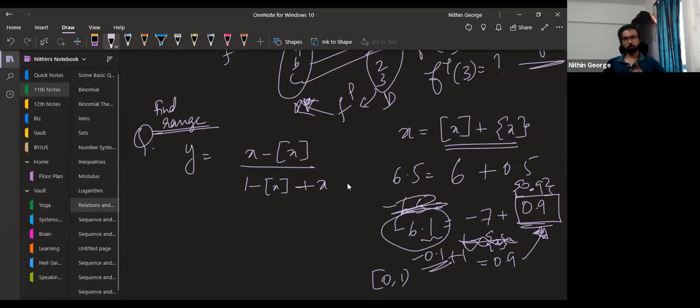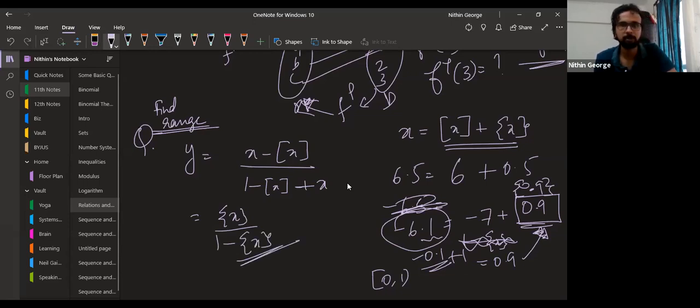So don't think of it as plus 0.1. Think of it as minus 0.1. Then you can easily get 0.9, because you already know that fractional part of x lies between 0 and 1. On that note, this will become fractional part of x divided by 1 plus fractional part of x.